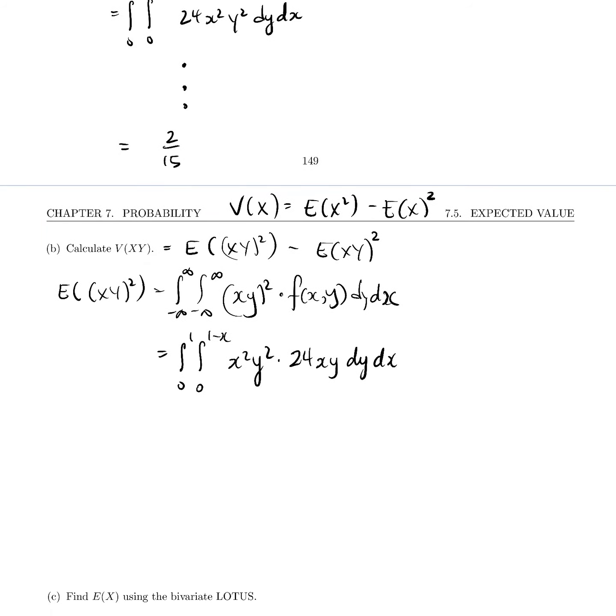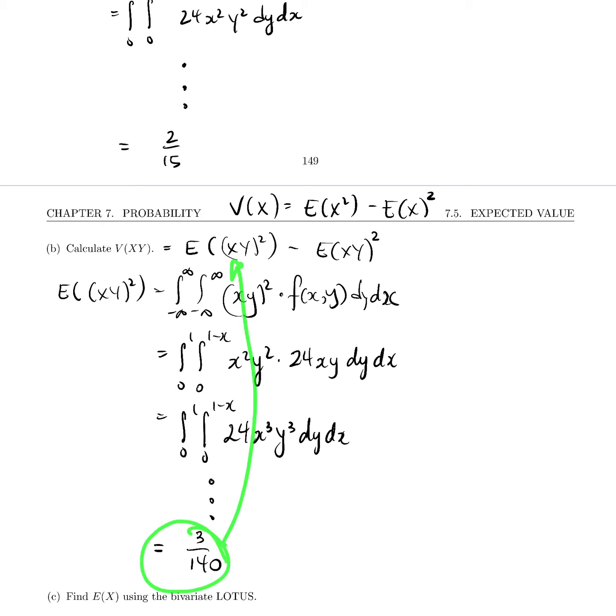And so cleaning up the integrand, we have the integral from 0 to 1, the integral from 0 to 1 minus x of 24x cubed y cubed dy dx. Again, we'll skip the details of the integration. I got 3 over 140. You can double check that on your own if you want, but that's the value that's going to go right up into here.